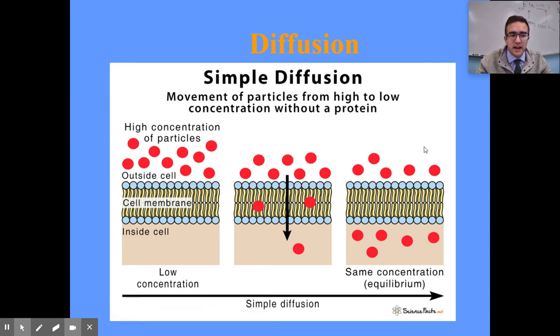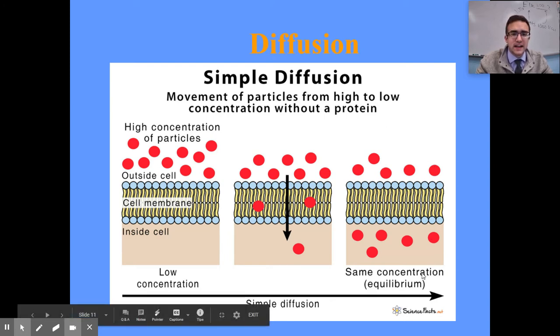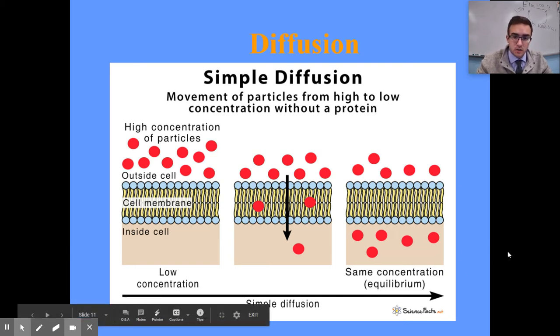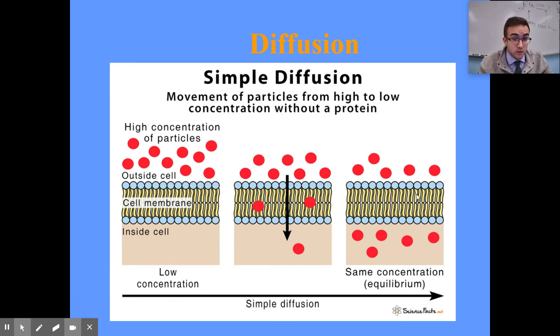We have 5 on the outside of the cell, 5 inside the cell. That's all simple diffusion is, just moving from high to low. So this is just if we have one solute, right? Just these red dyes. This can also happen when we have two.